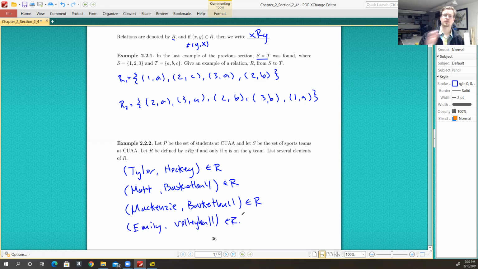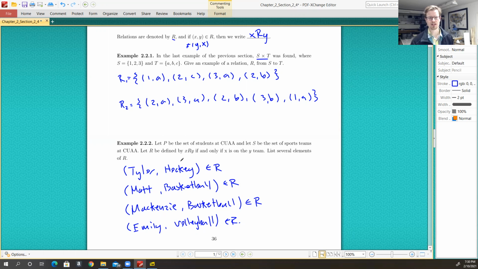So in a relation, we just get that the elements are related to one another. Tyler is related to hockey because Tyler plays hockey. Matt is related to basketball because Matt plays basketball. Mackenzie is related to basketball because Mackenzie plays basketball. Emily is related to volleyball because Emily plays volleyball. It's very straightforward, very simple.